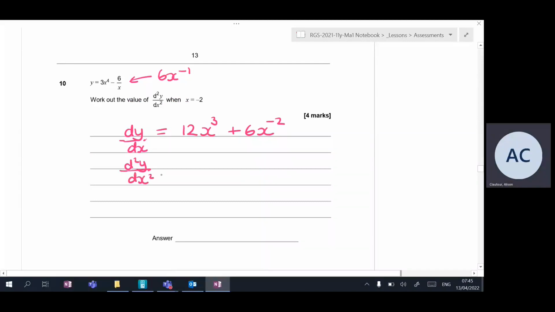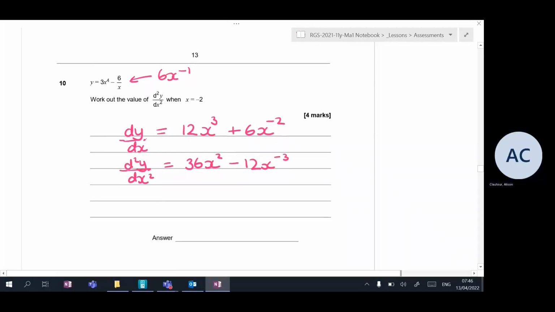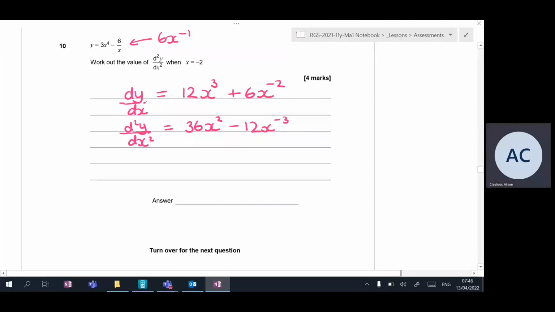To get my second derivative, I have got to differentiate again. So take the power to the front, take 1 off the power, take the power to the front, take 1 off the power. Okay, so you're just subbing in my x is -2.